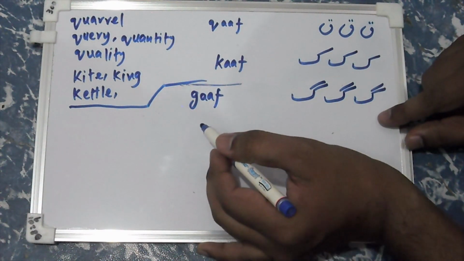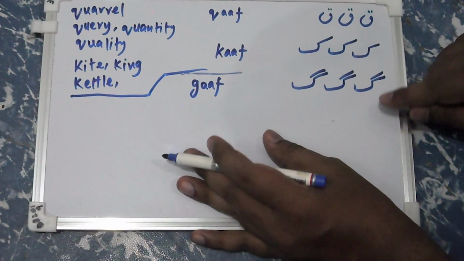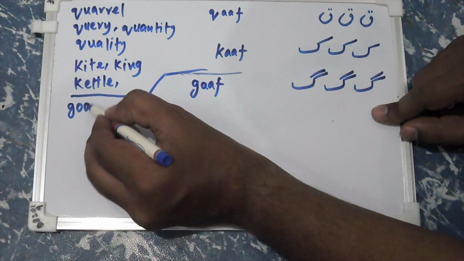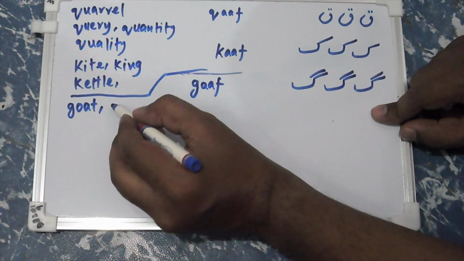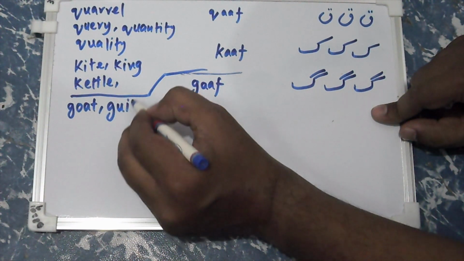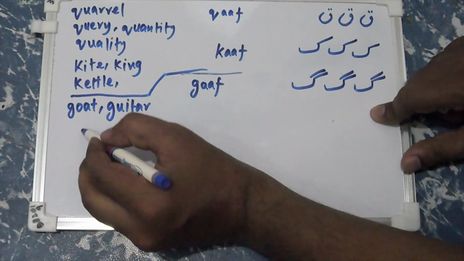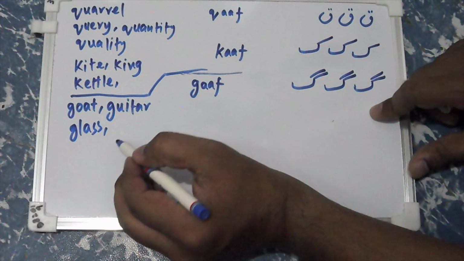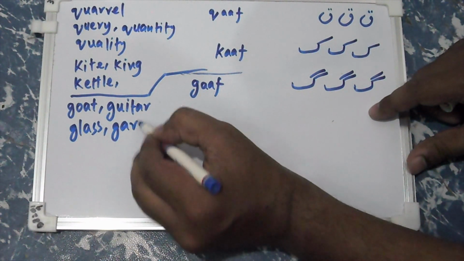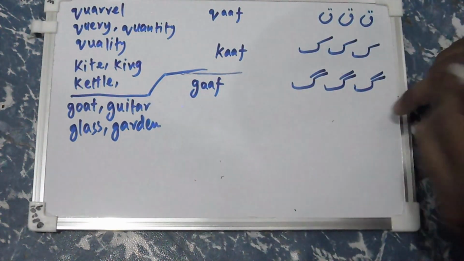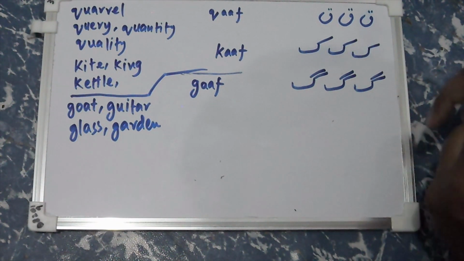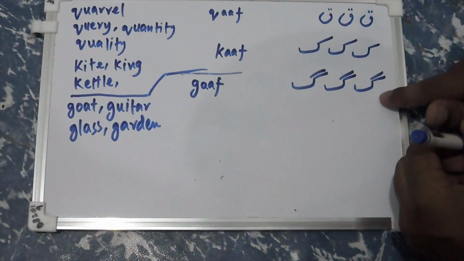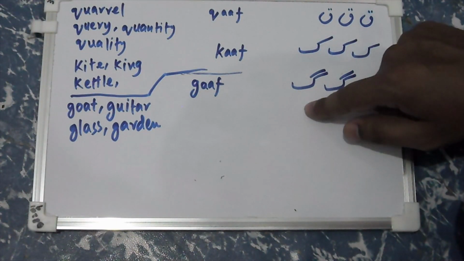And the words in English language which contain the sound of this gaf are goat, guitar, glass, garden. So these are a few words which contain the sound of this gaf in English language. Gaf.